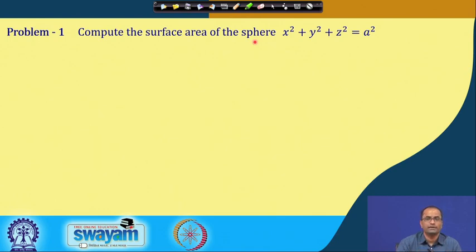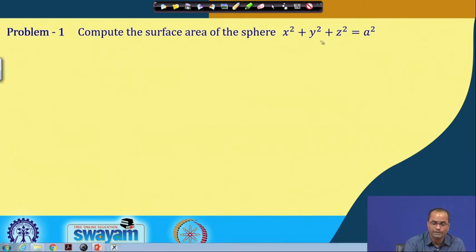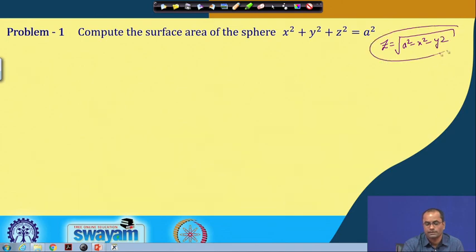So, in the xy plane, this will be a circle of radius a centered at 0. So, we have the domain, that is the circular disc in the xy plane, and then the surface will be given by z is equal to the square root of a square minus x square minus y square, because we are considering the upper part of the sphere, and we can double it to compute the surface area of the whole sphere.